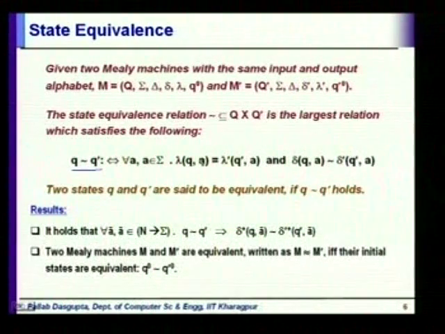Lambda star of q and an input vector A will give lambda dash star of q dash and input vector A, right. But remember that all that we are saying is that the next states are equivalent. We are not saying that the next states are the same, they are equivalent, right.